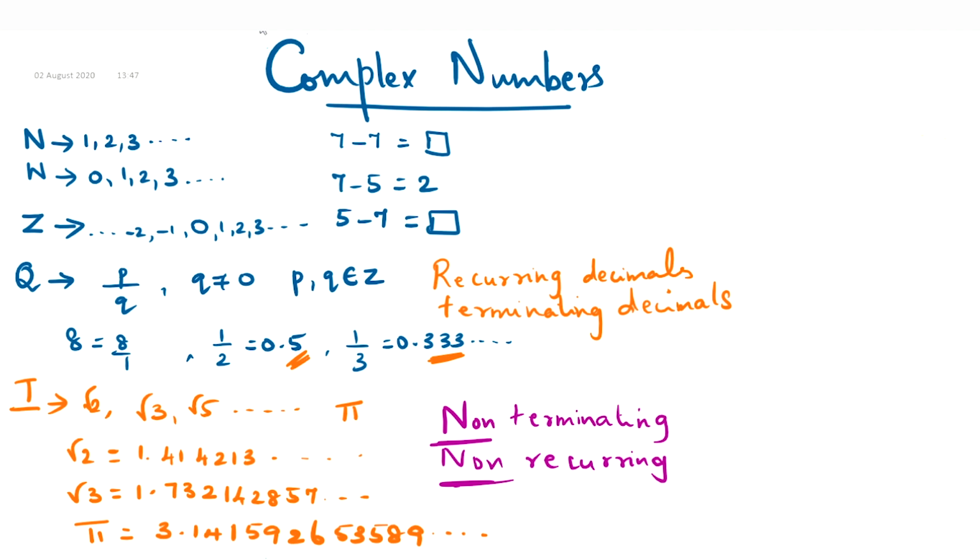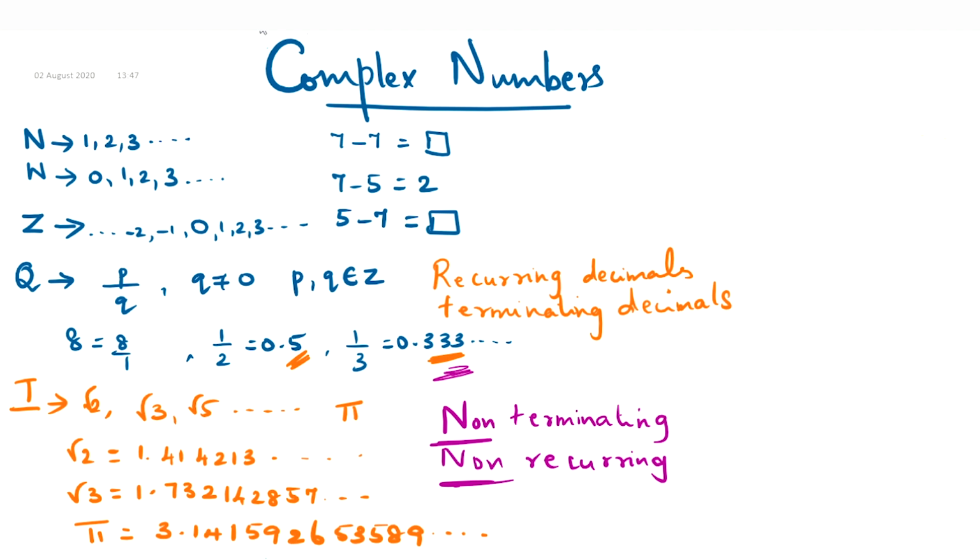What do you mean by non-terminating? Non-terminating means it never ends. It goes on. And non-recurring means the same number won't come again and again. See here, 0.3 is repeated again and again. Here no number is repeated again and again. It does not follow any pattern, right? So it is non-terminating and non-recurring.